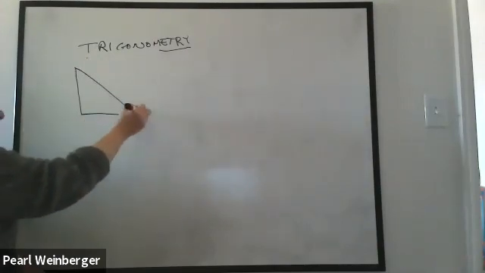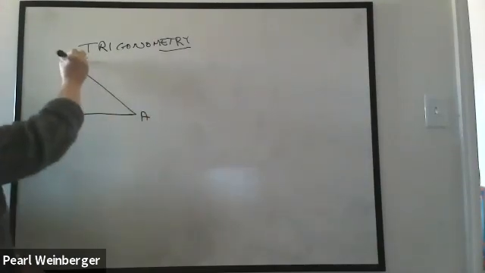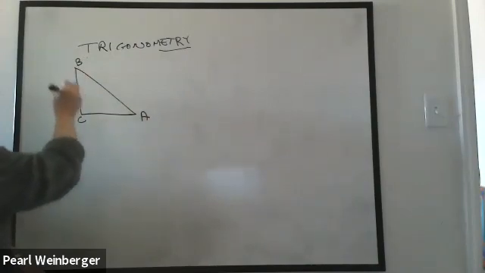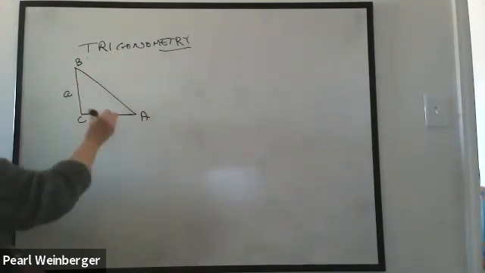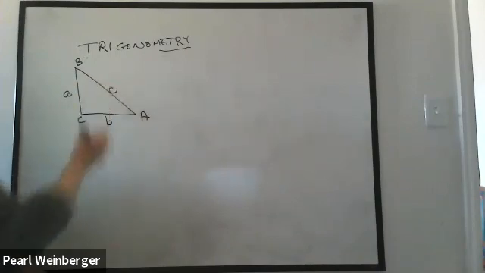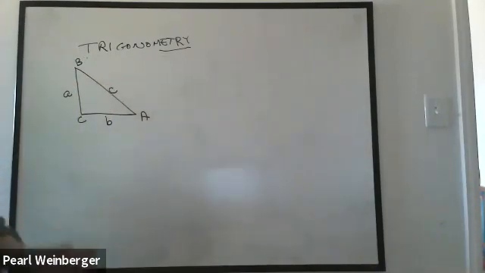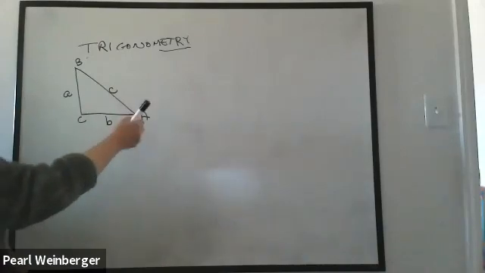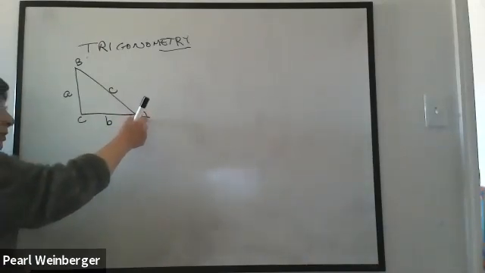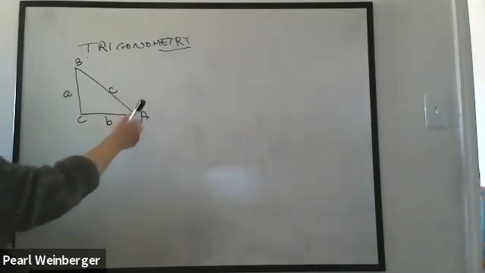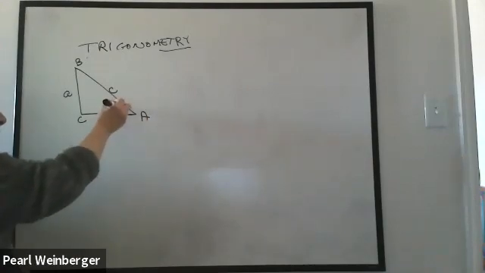So here's my standard right triangle, ABC, small a, small b, small c. Different numbers, it doesn't matter. We'll do it in general, and then we'll go to specific numbers. Again, we could call this angle A, or sometimes we can call it theta, by the Greek letter.